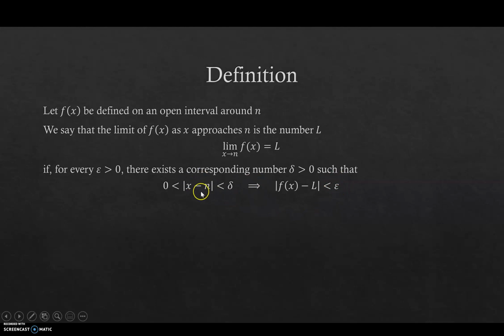Now, I understand, again, this is a wordy, long-winded definition. It's got a lot of symbols that may not make a lot of sense right off the bat. But let's approach this from a more visual standpoint, so hopefully we'll get a better understanding of this, okay?